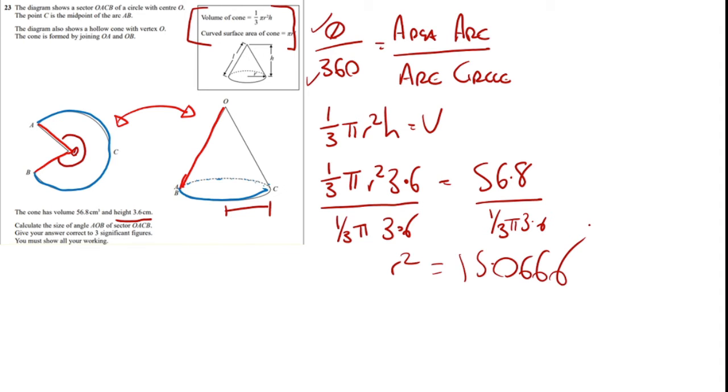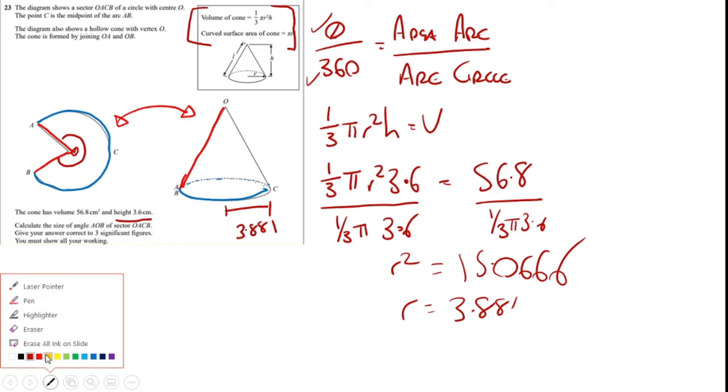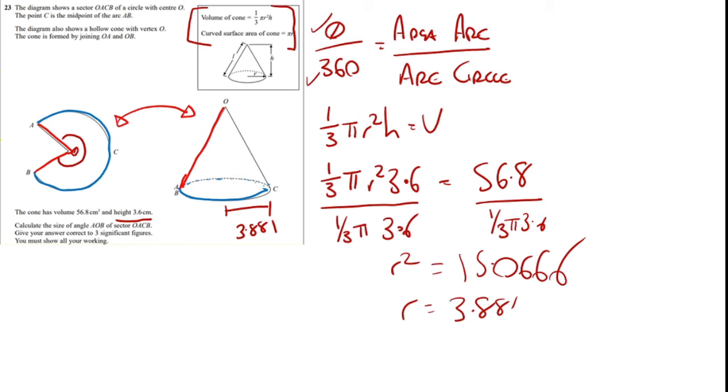So I'm going to square root that. So my radius is going to be 3.881. Now remember, this is the radius of the cone. It's not the same as the radius of the sector, because they're different. Don't make that mistake. It's easily done.